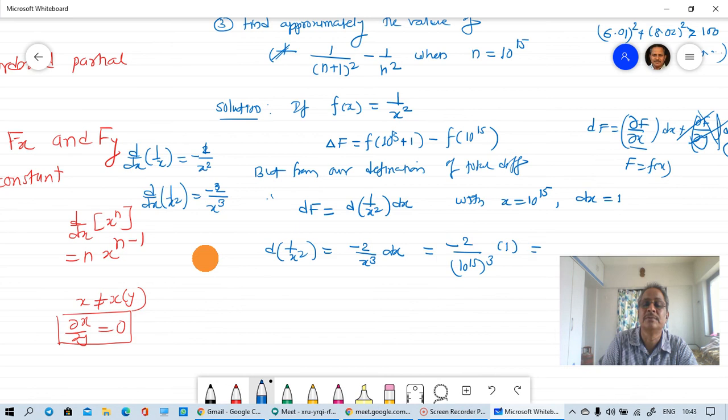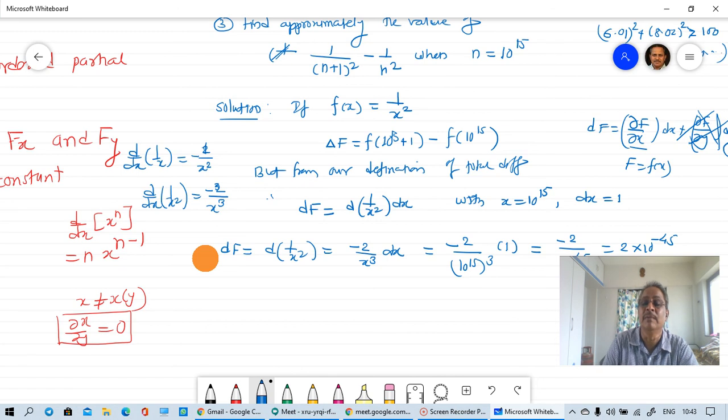This gives you minus 2 upon 10 raised to 45, or that is equal to 2 into 10 raised to minus 45. So this is the approximate value of this difference between 1 upon n plus 1 square minus 1 upon n square, where n is a very large number, 10 raised to 15.